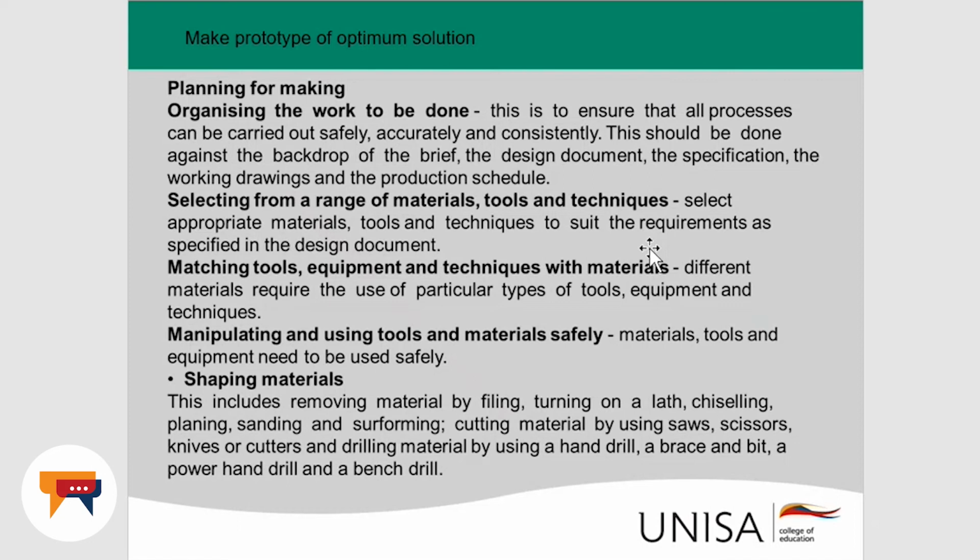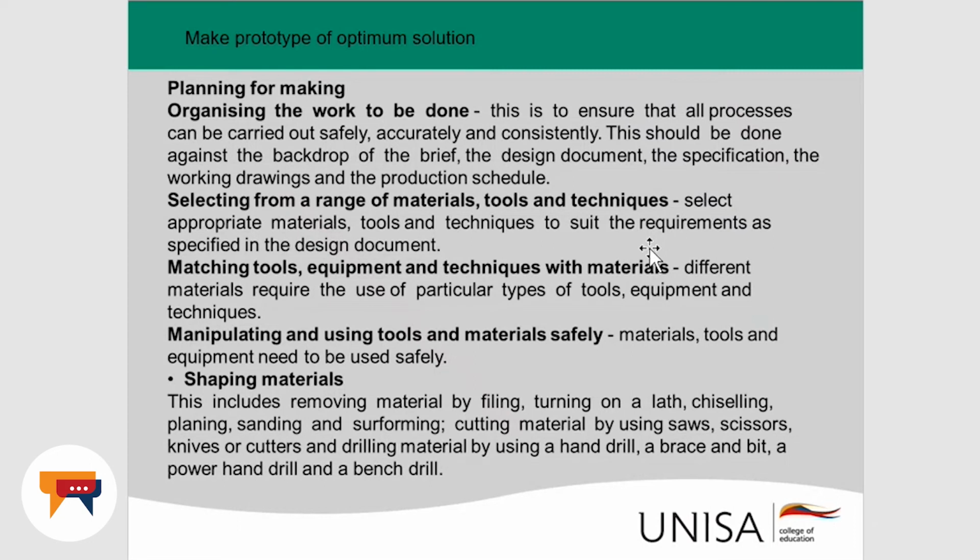So with the making process, you need to start with the planning. You need to organize the work to be done. What is it that you need to do in making that product?